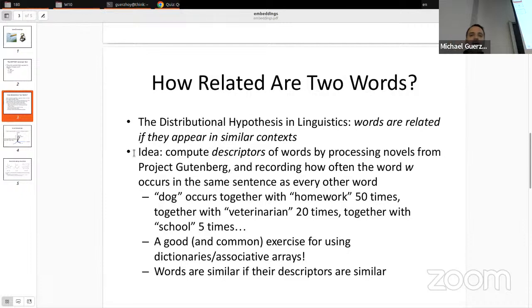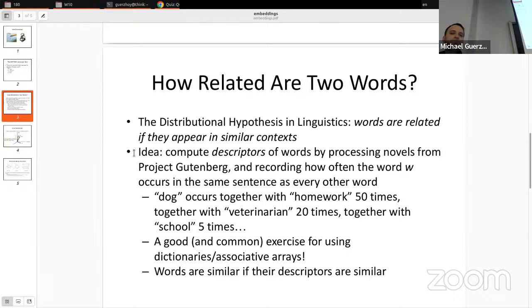So for example, words like dog and canine would appear in similar contexts, like food and veterinarian and park, whatever.